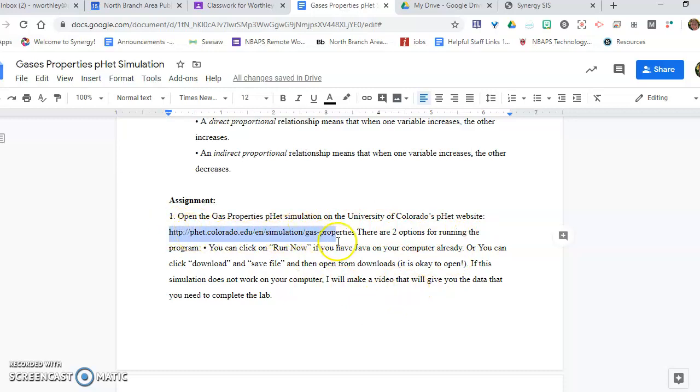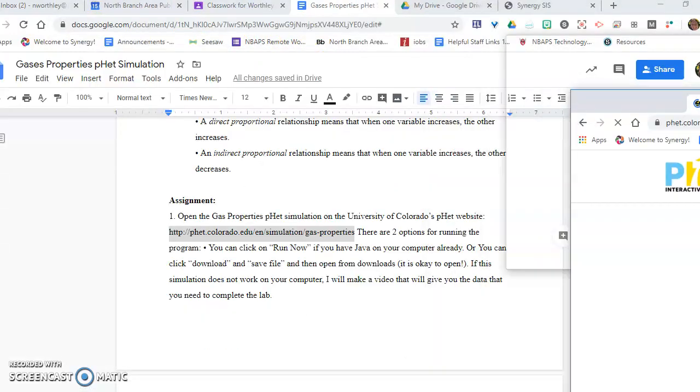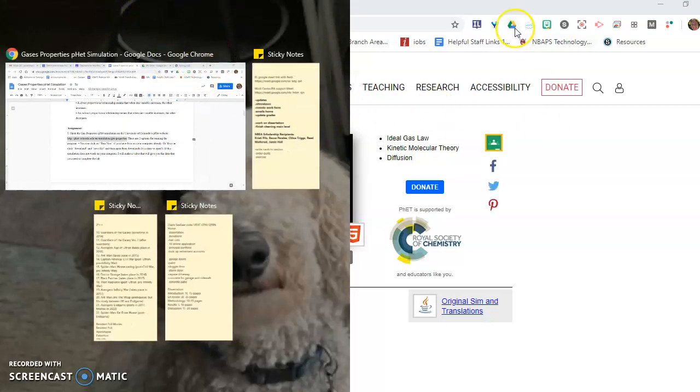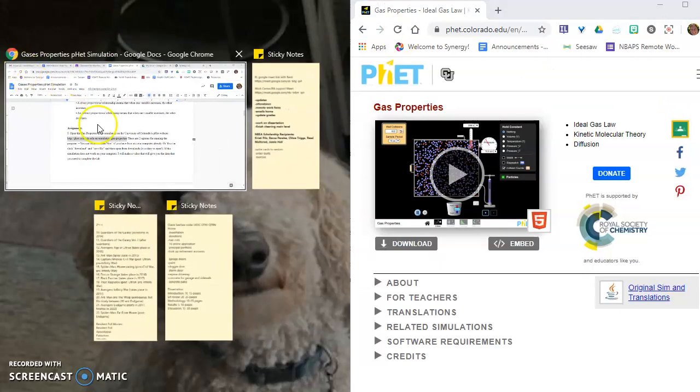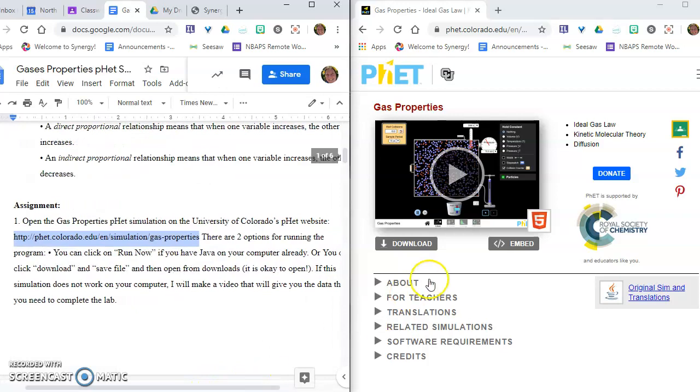Here's the website. I'm going to cut and paste it in here. I'm going to do a split screen so that you can see both at once. The first part is, when you click on this, you can download it.